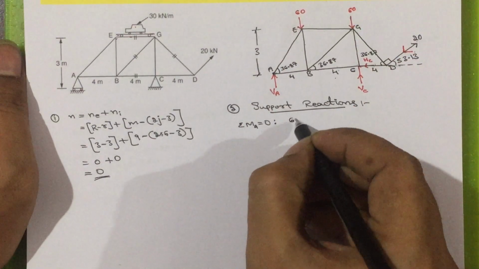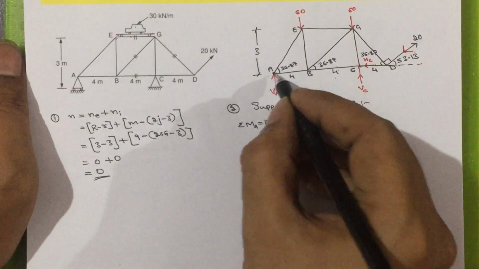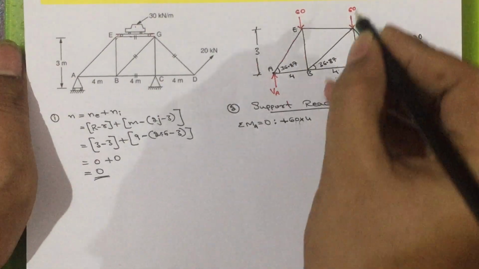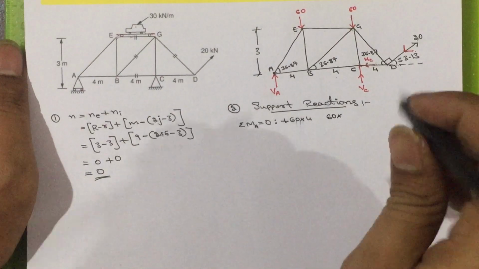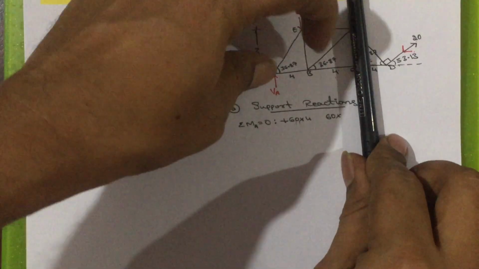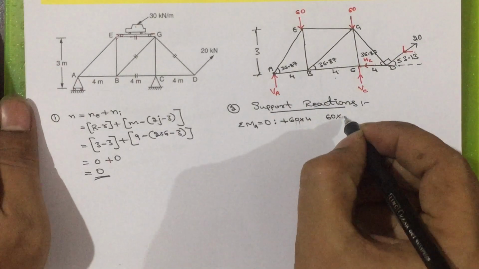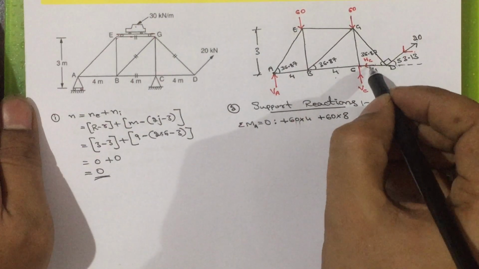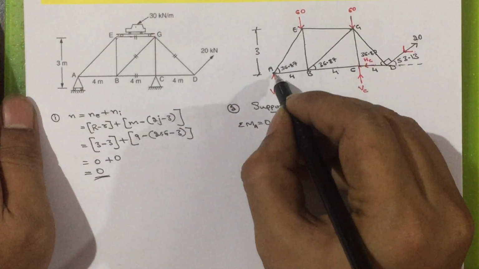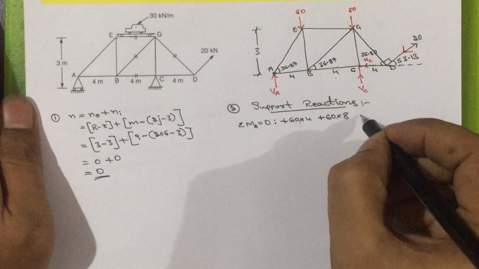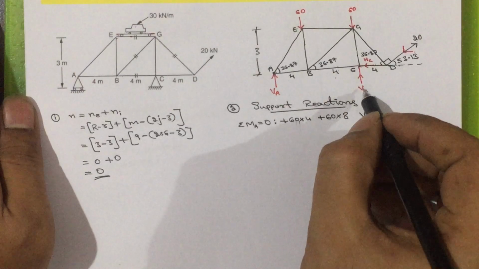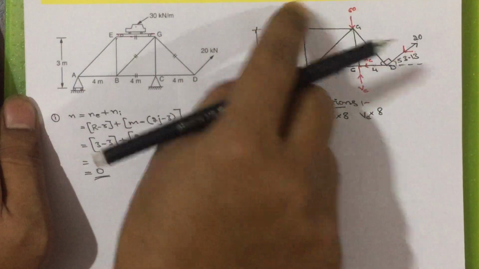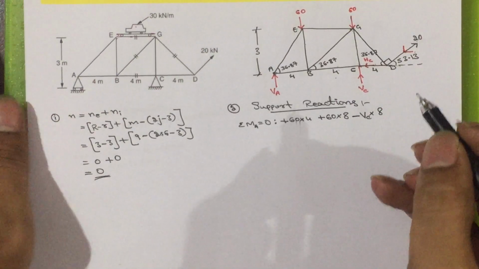Then 60 into perpendicular distance between 60 and A point is 4, it is rotating clockwise, positive. Then the next force is 60 into perpendicular distance between 60 and A point, which is 8, and it is also rotating clockwise, positive. Then the next force is HC, HC is passing through A point, so it will become 0. Then VC into perpendicular distance between VC and A is 8, and with respect to A it is rotating anti-clockwise, so it will be minus.